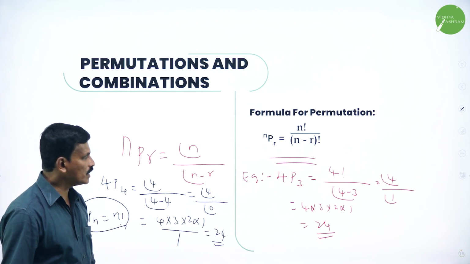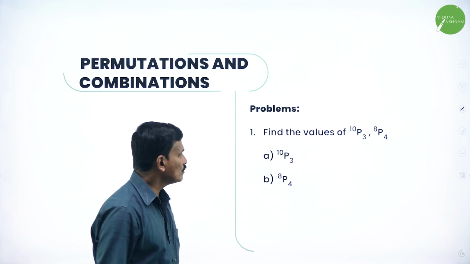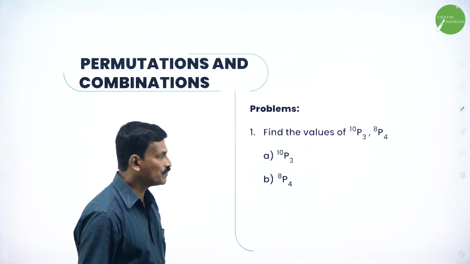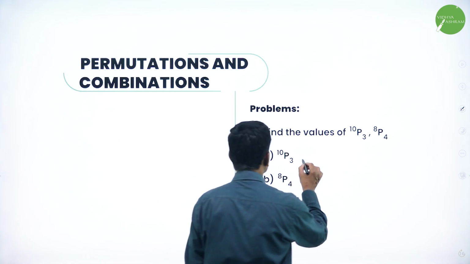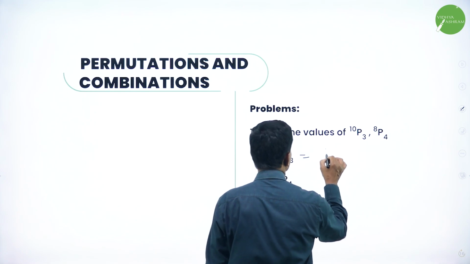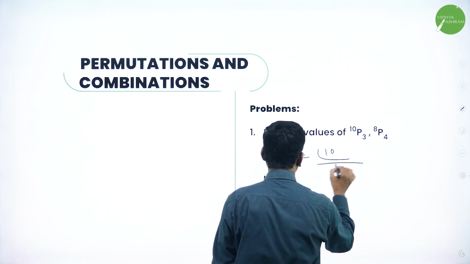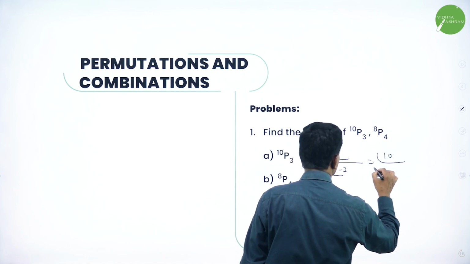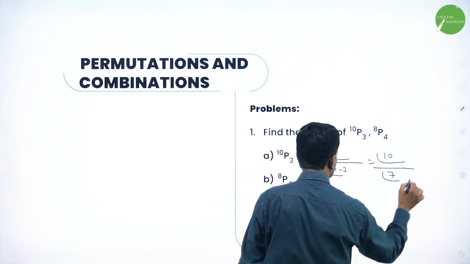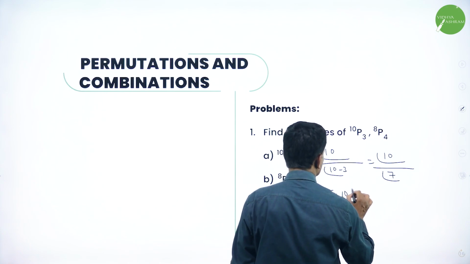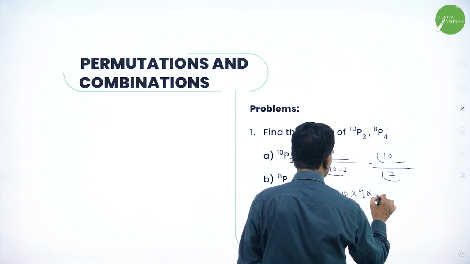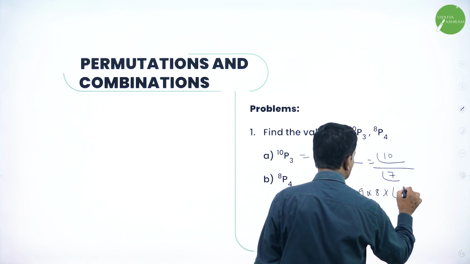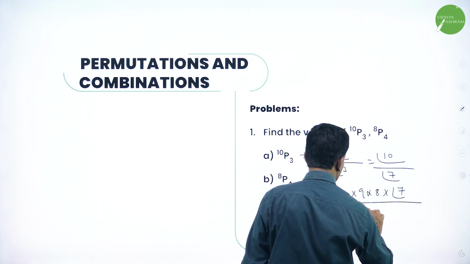Right. Now, move on to the next one. Take for example 10P3 and 8P4. 10P3 is equal to factorial 10 divided by (10 minus 3) factorial, that is factorial 10 divided by 7 factorial. This is 10 into 9 into 8 into factorial 7 divided by factorial 7.